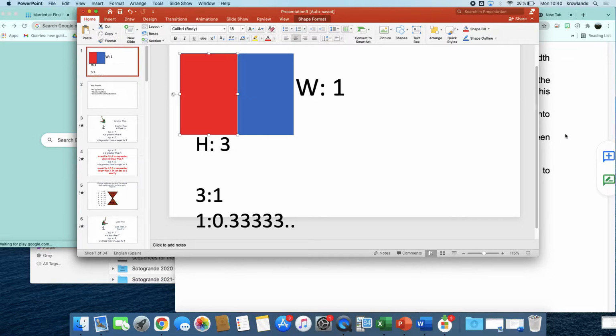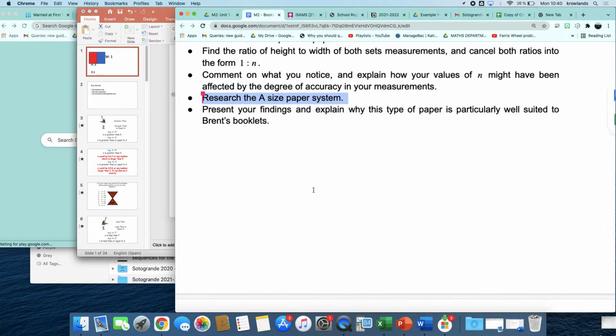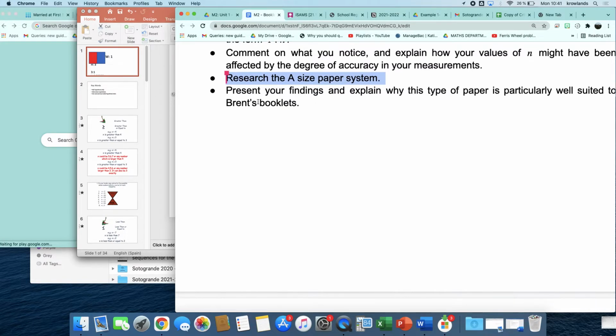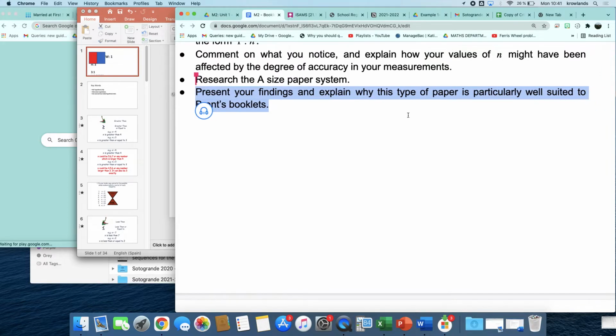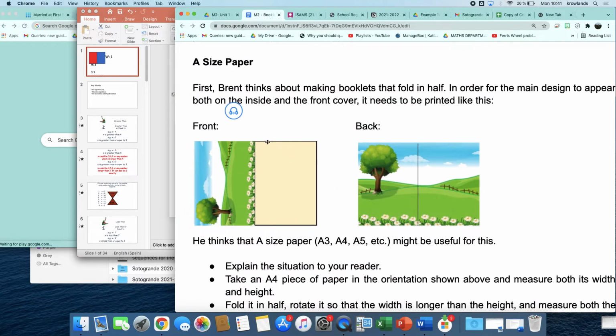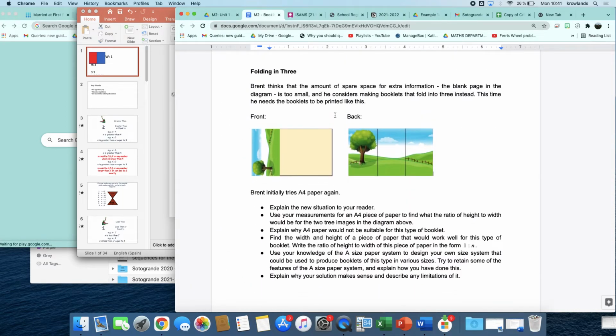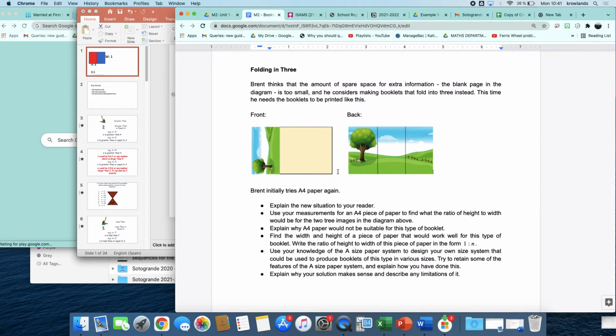So if we go from A4 to A5 to A6, or if we go from A4 to A3 to A2, you can use Google to help you with that, but you should use your findings to link with what you find on Google. Present why this is particularly well suited to Brent's idea. You need to read what Brent wants to do. Then next lesson, or today if you've got time, you're going to be folding in 3.